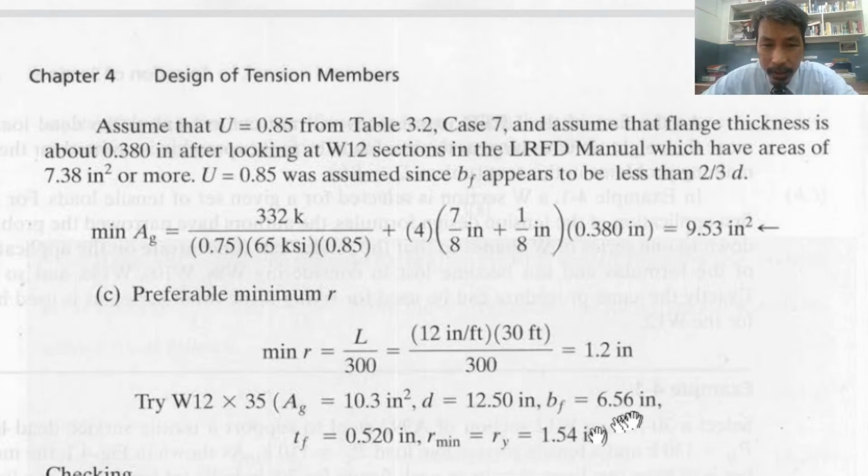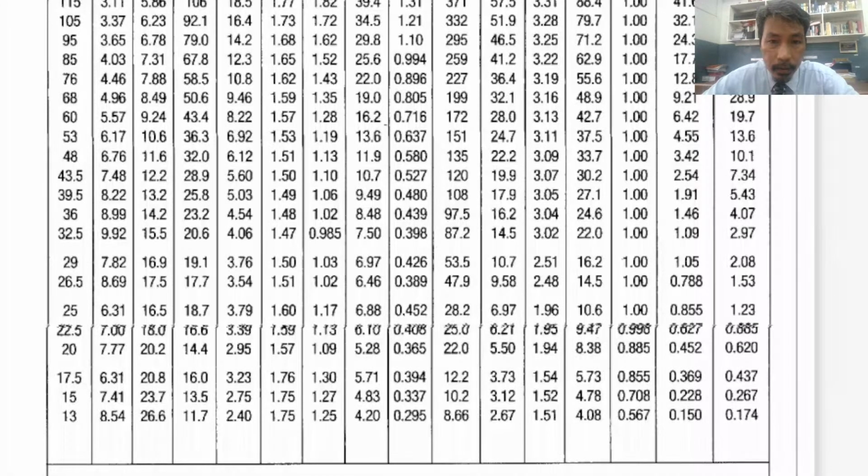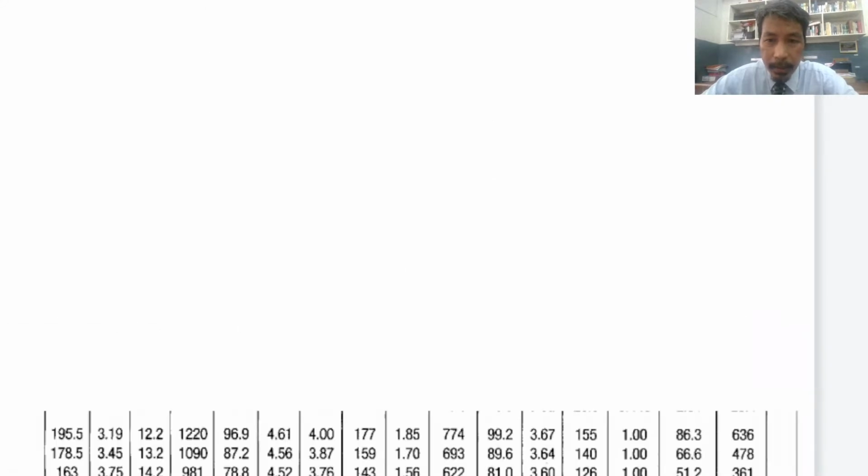You can take this out from tabulated value. Okay. So, for example, let us look at W12 by 35. So let us go to the W12 by 35.